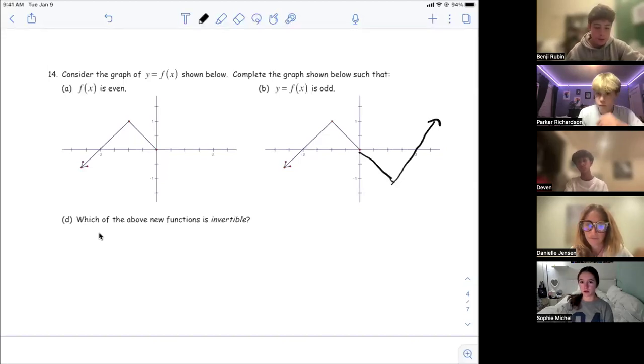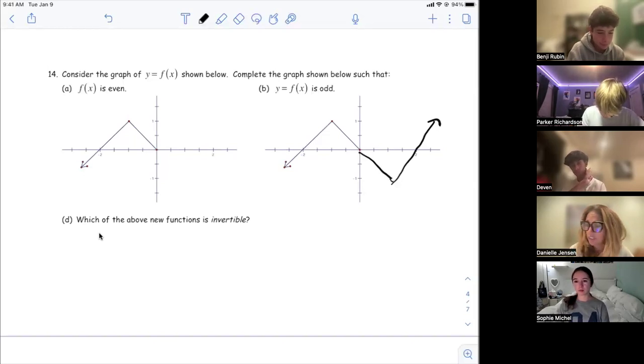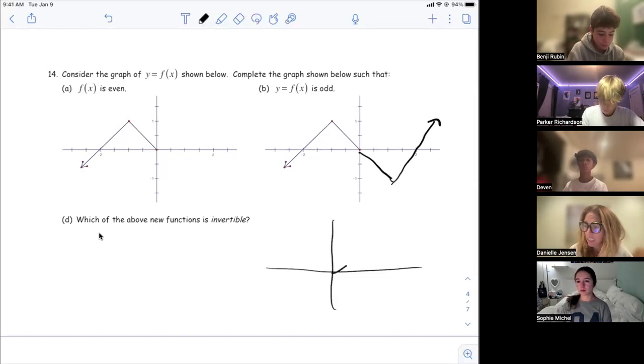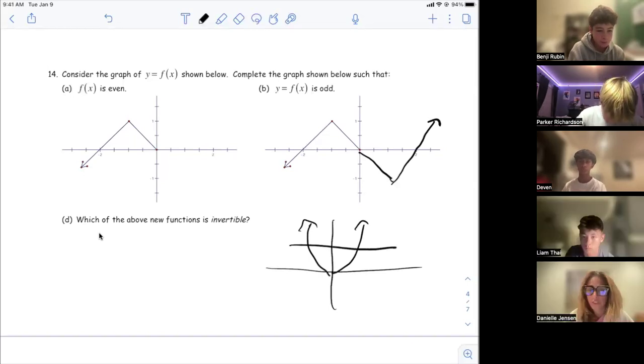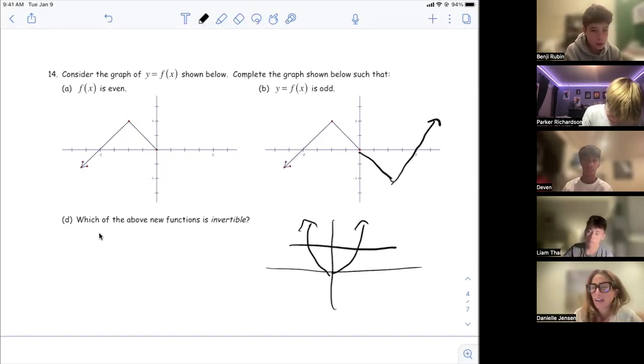No, because of the horizontal line test. So sometimes an odd function could have an inverse, but an even function can never have an inverse unless we put a restriction on it, because by definition, if something has y-axis symmetry, it's going to fail the horizontal line test. An odd could, but an even definitely not.